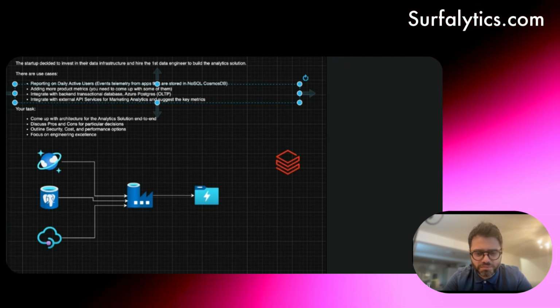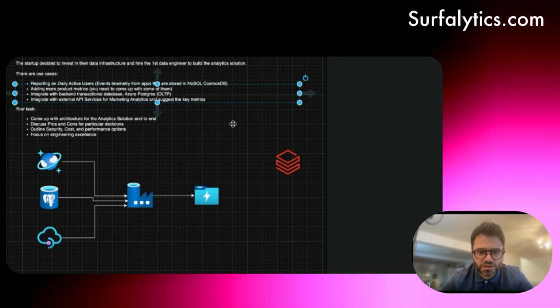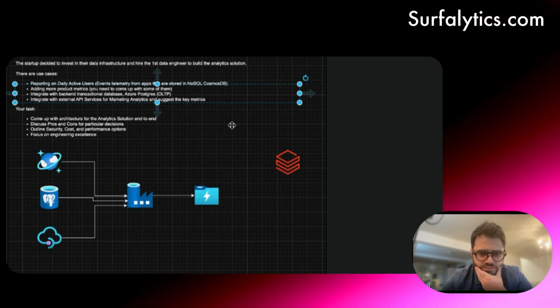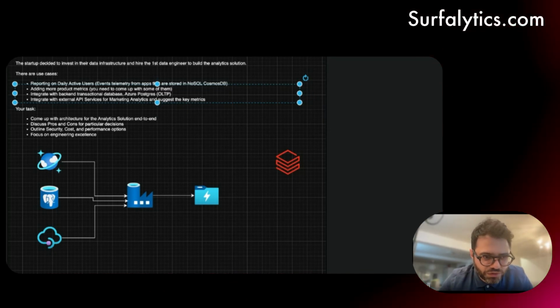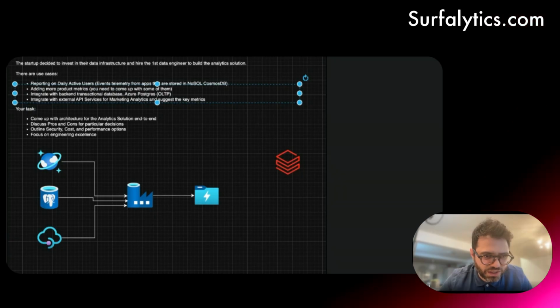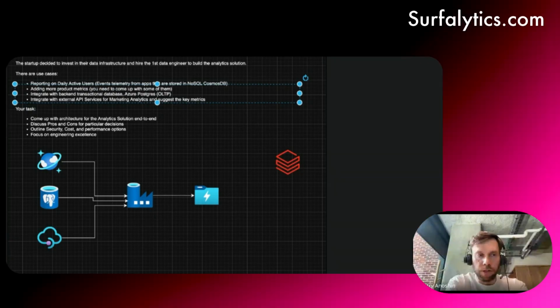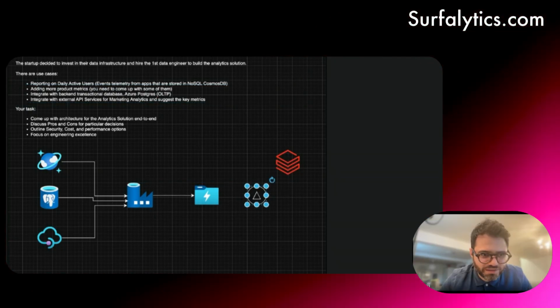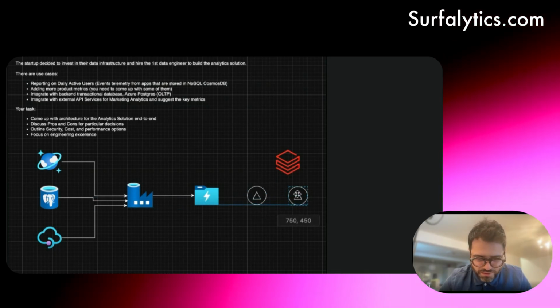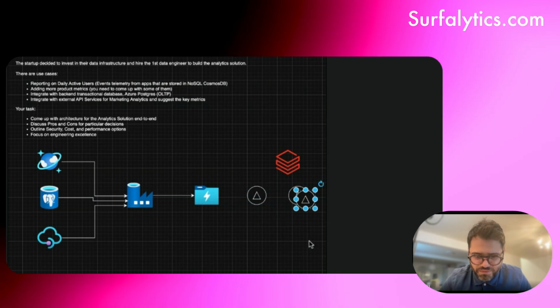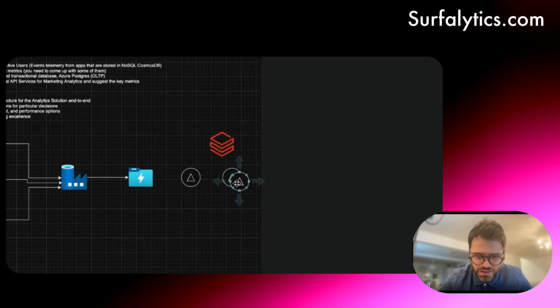Okay. So for the architecture, I'm trying to find some containers or something. No, you can just use the square, or I'll use this for Delta.